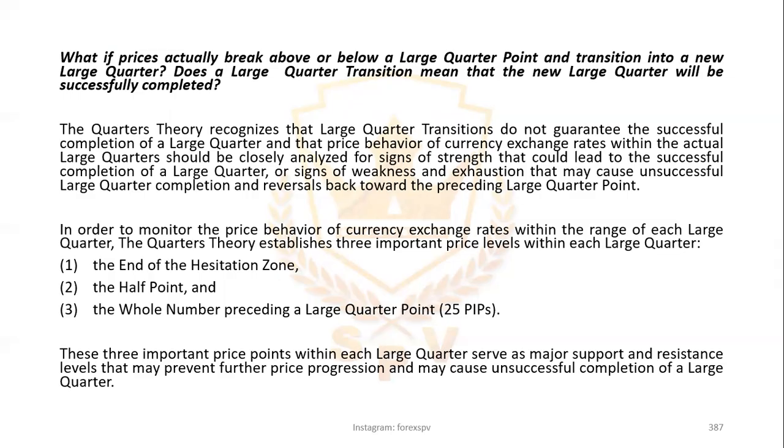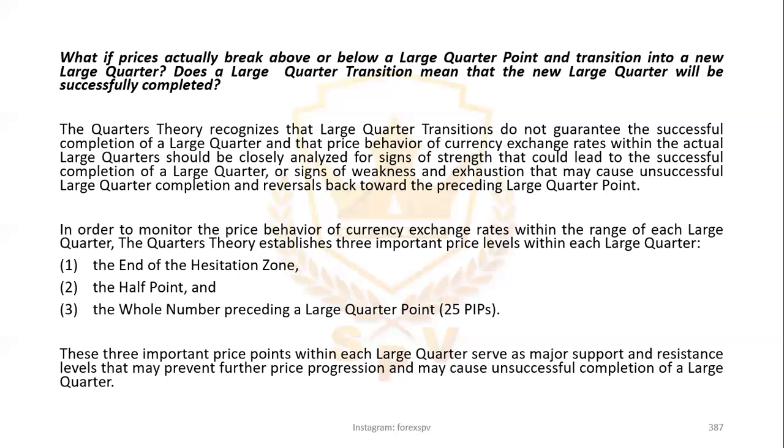So we should monitor price behavior of FX rates within the range of each large quarter, and we should be looking for three important price levels within each large quarter. We have the end of the hesitation zone, the length of the hesitation zone, the half point, and we have the overshoot and the undershoot area, the whole number preceding each large quarter.